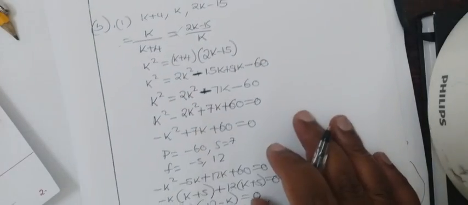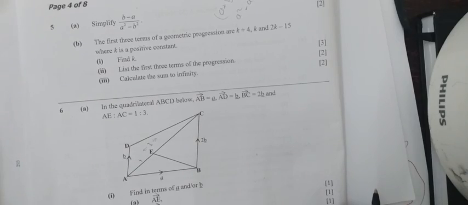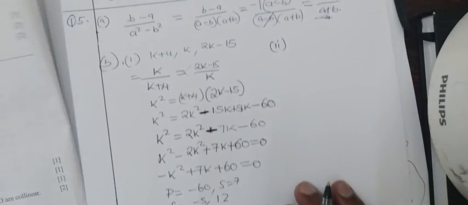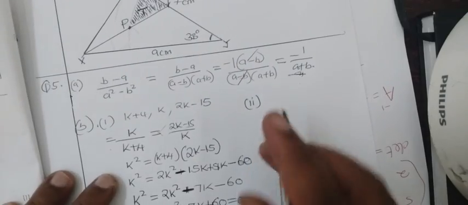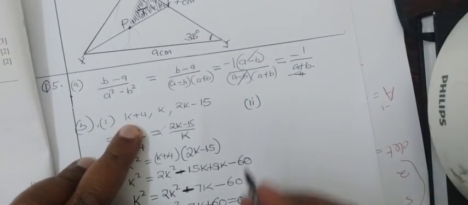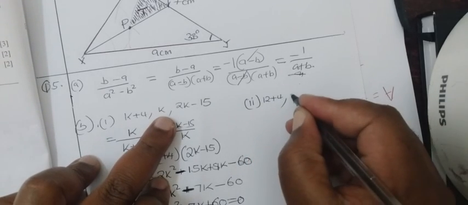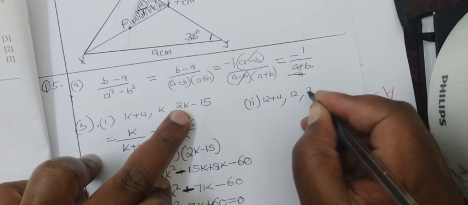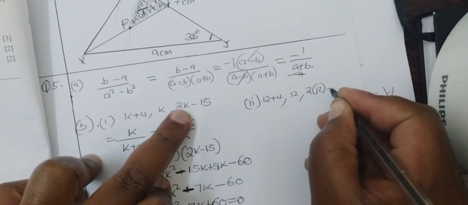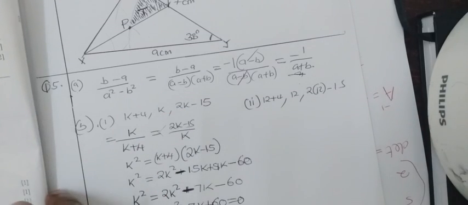Okay, then we go to Roman numeral 2. What is Roman numeral 2? List the first 3 terms of the progression. So the first terms are, what is k? k is 12. So say 12 plus 4, comma 12, comma 2 times 12 minus 15. Alright?